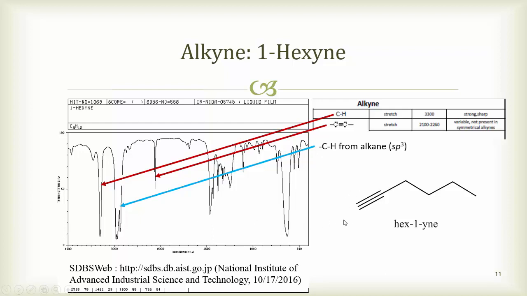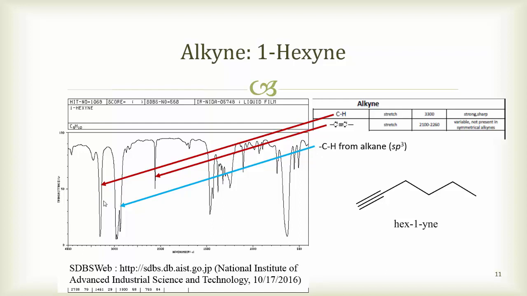Now, because this is a terminal alkyne, there is a carbon-hydrogen sp stretch, and this will also show up in the single bond region of the IR, and it's showing up here. It's usually a very skinny peak, and it shows up usually right around 3300 wave numbers. And it tends to be strong and sharp, but it's usually skinny, and that can be very helpful when you're trying to identify it relative to some other peaks that do show up in this region.